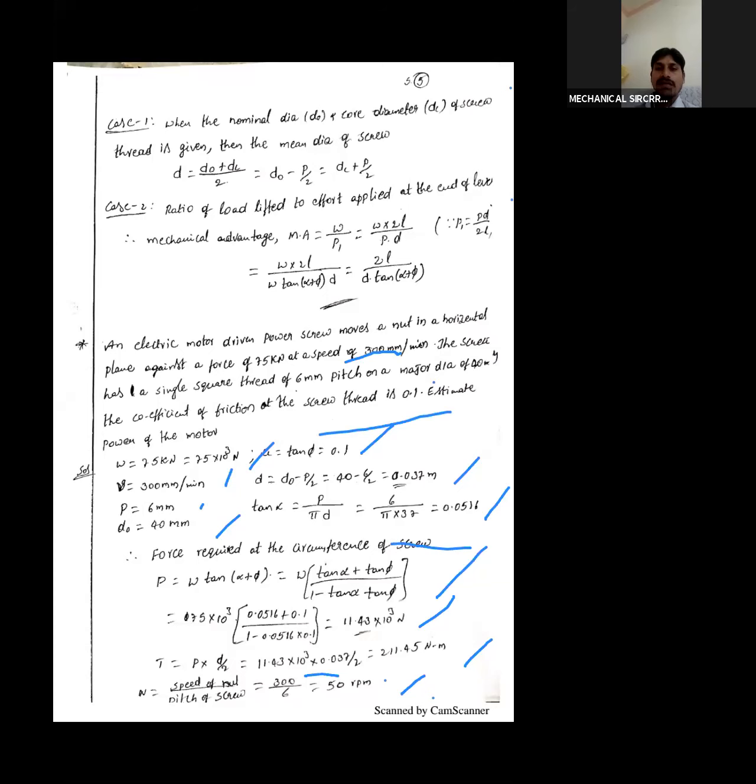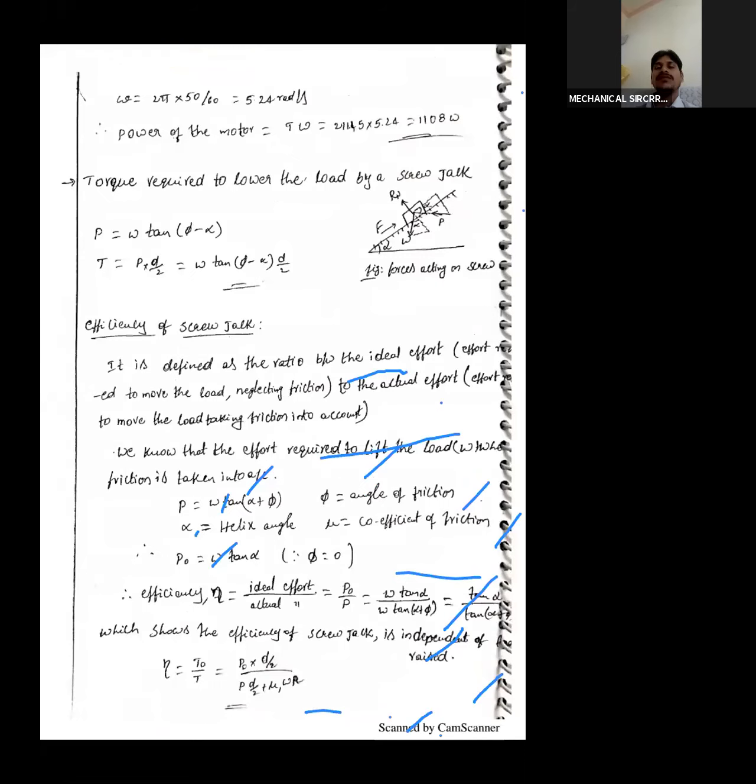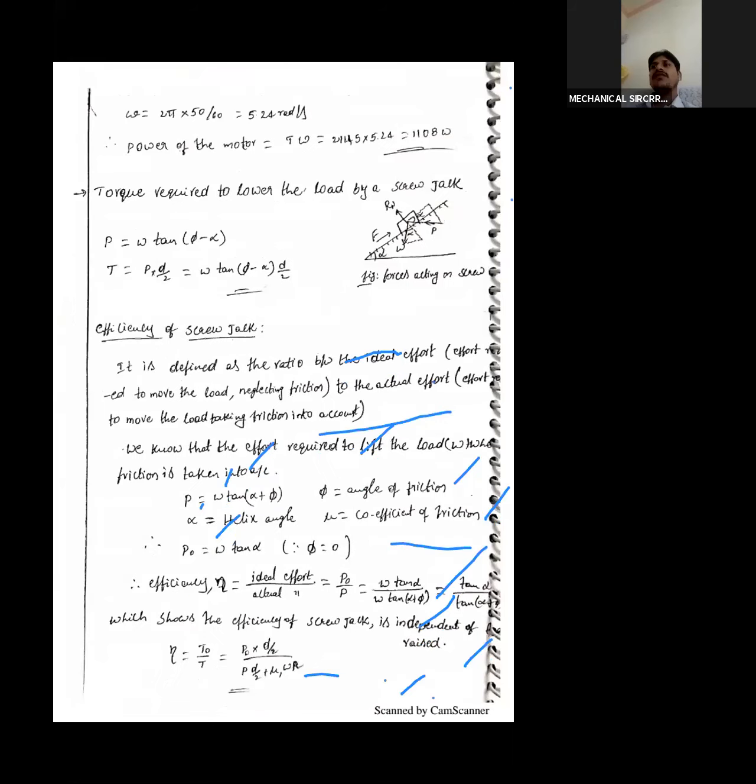Next, omega. When we get the N value, we simply find omega. Omega is 2 pi N by 60, so it is 5.24 radians per second.